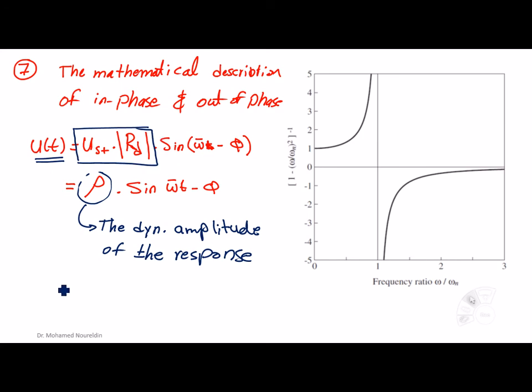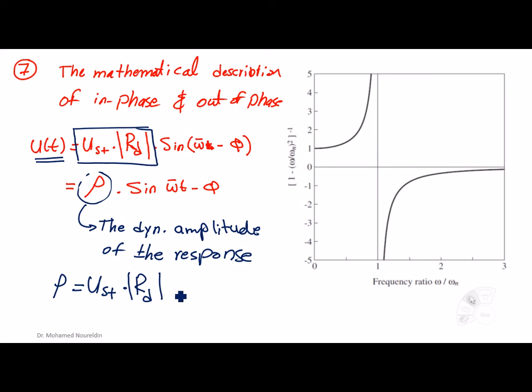This means that rho equals U static, remember, the maximum static displacement, times the absolute value of RD.